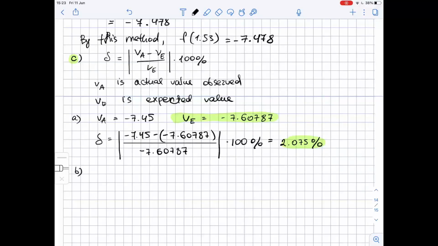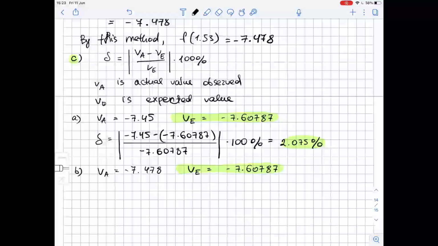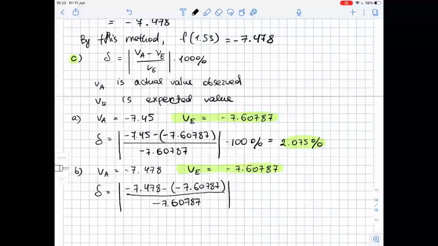Regarding part B, we do the same thing, but now the actual value equals negative 7.478, and the expected value is the same. So sigma equals the absolute value of negative 7.478 minus negative 7.60787 over negative 7.60787.